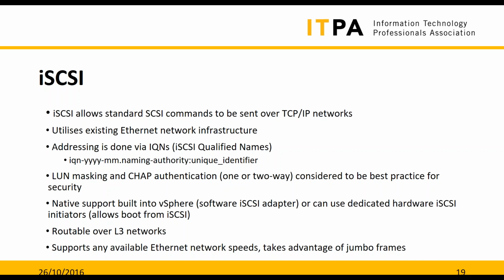You can install ESXi onto a Fibre Channel connected volume and boot the ESXi host from that volume. So you can boot from SAN. So your server doesn't have to have local storage.